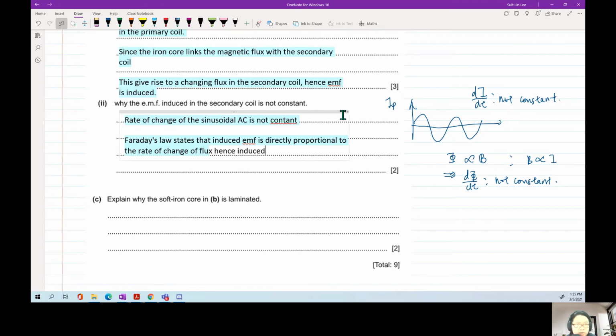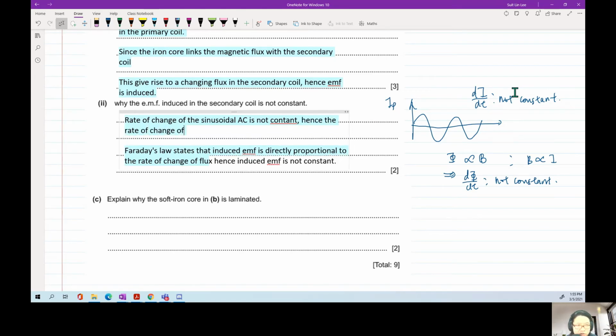Hence, induced EMF is not constant. 2 marks only, okay? If you want to, I can also mention that the rate of change of sinusoidal AC is not constant, and because of this, hence, the change of flux is not constant.